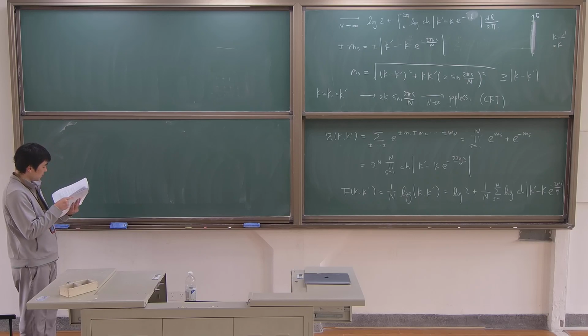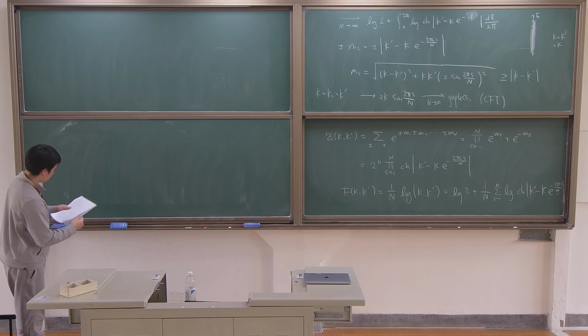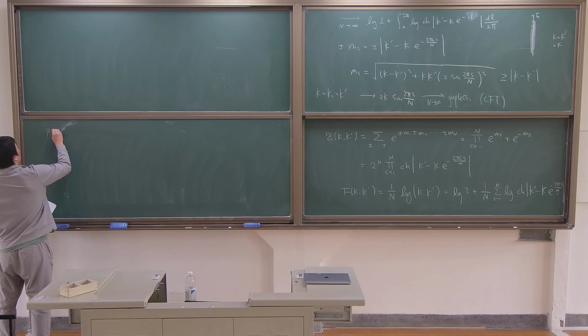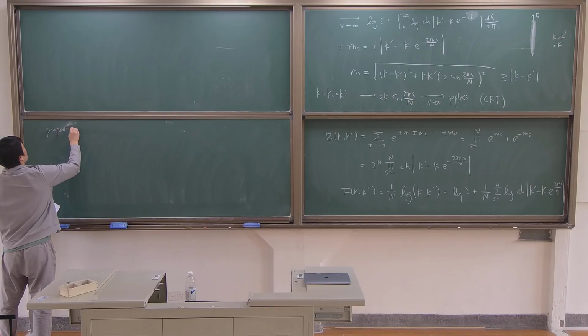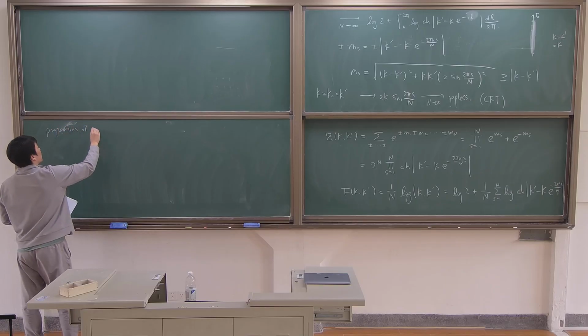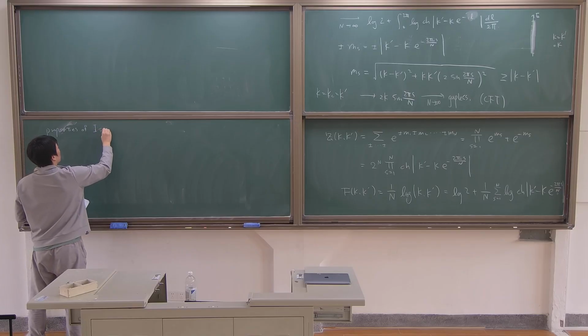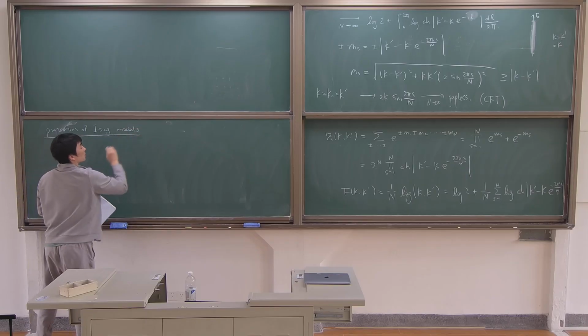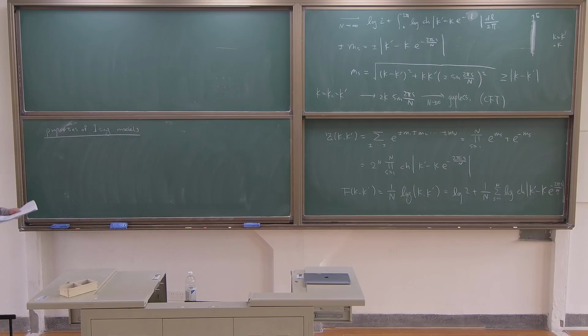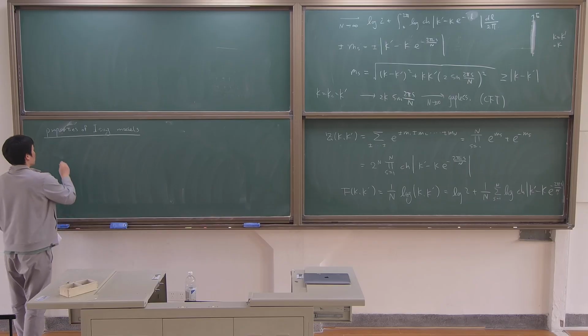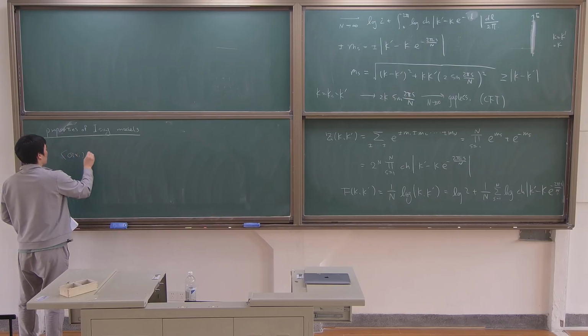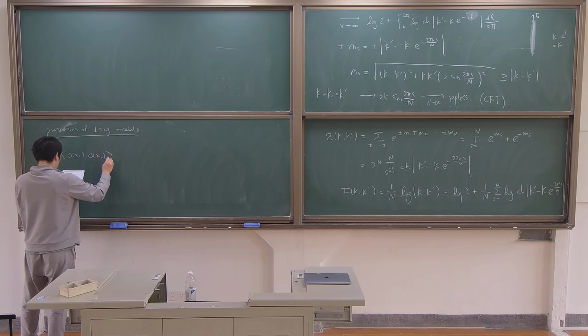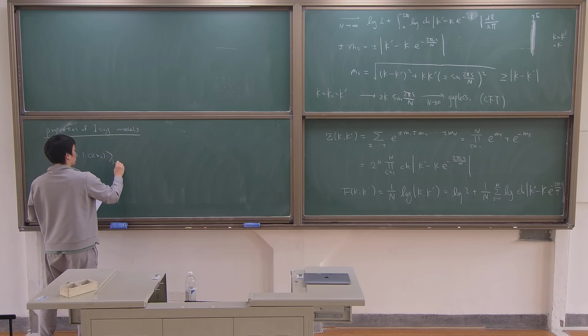So now let's consider some property of the Ising model. Let's consider sigma x1 sigma x2 in the high temperature region.